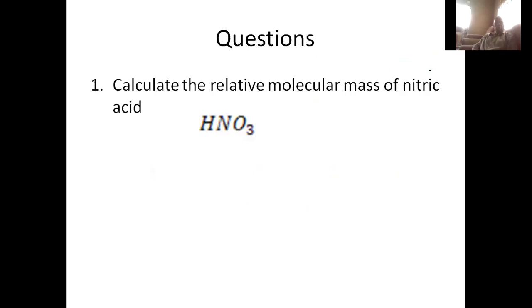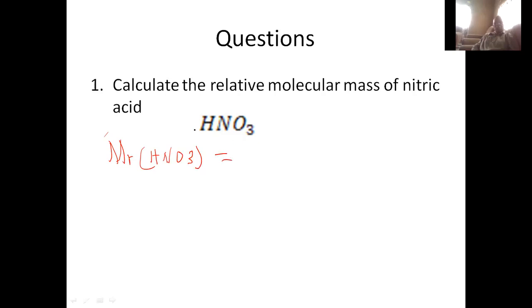Here is a question. Calculate the relative molecular mass of nitric acid. So it is very simple. We start with the relative molecular mass of nitric acid. This is the formula for nitric acid.